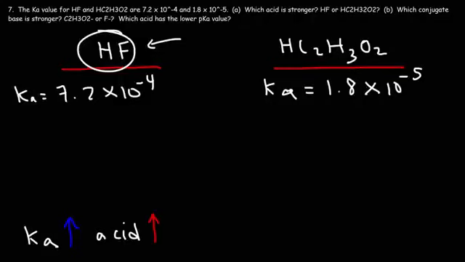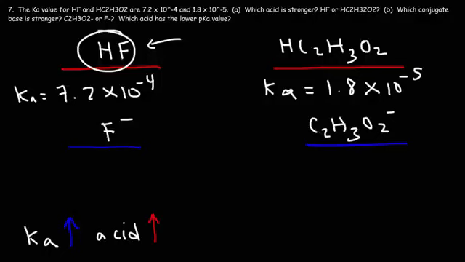Now what about part B? Which conjugate base is stronger? The conjugate base for HF is fluoride. The conjugate base for acetic acid is acetate. So which one is stronger? So here's what you need to know. The stronger acid creates the weaker conjugate base. And the weaker the acid, the stronger the conjugate base.